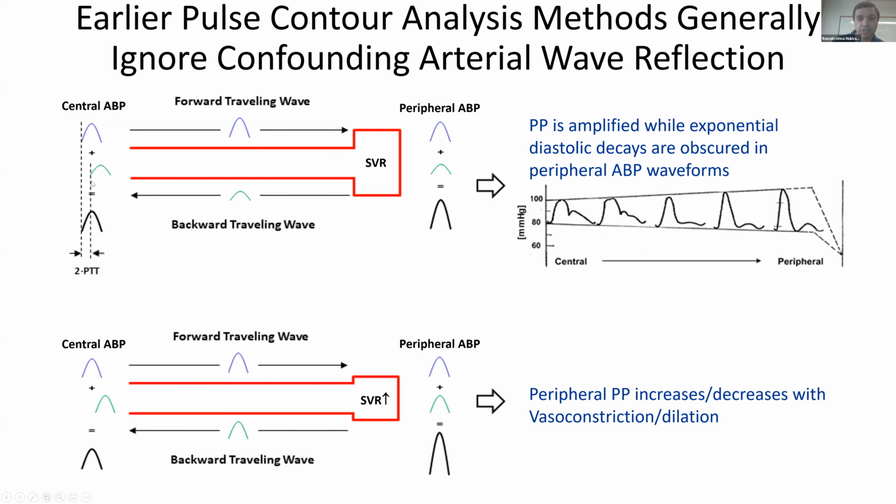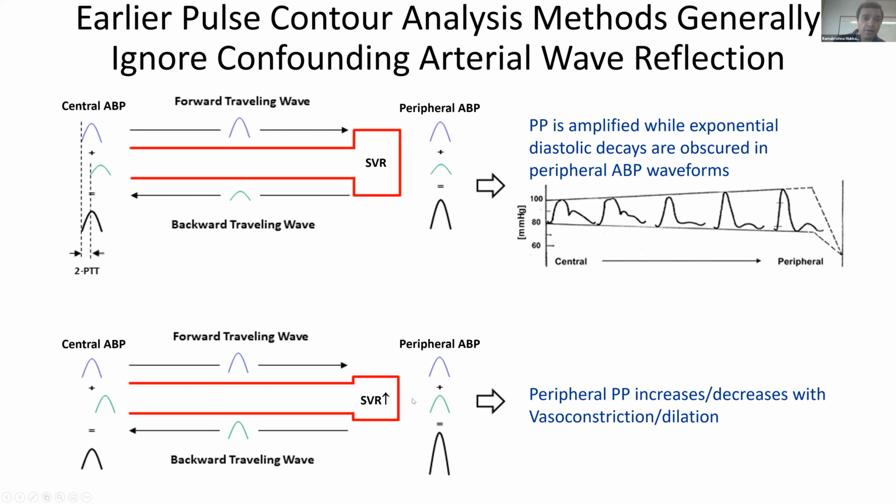So because of this time shifting, adding the backward wave to the forward wave has much less impact on the central pulse pressure. So for this reason, and perhaps counterintuitively, pulse pressure becomes progressively amplified with increasing distance from the heart. And due to a similar mechanism, exponential diastolic decays, which may be present centrally, become progressively obscured and are generally absent in the periphery.